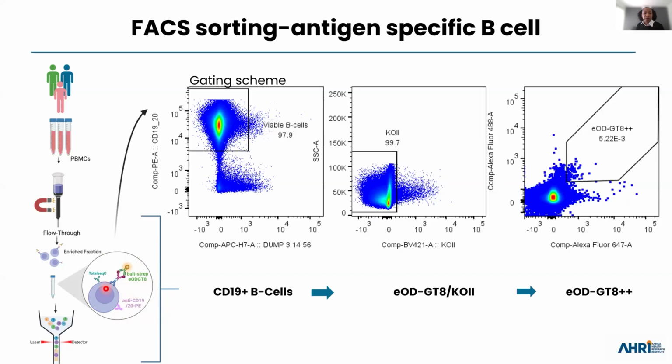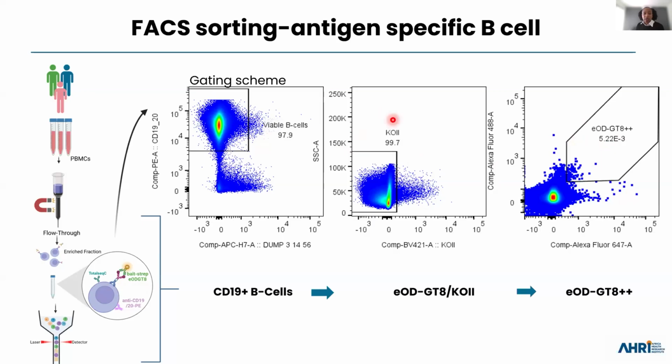Once we have stained our cells, the next step is flow cytometry so that we can isolate our B cells of interest. What I'm showing here is our gating scheme. We start off with the viable B cells, and from there we want to isolate the EODGT positive B cells, meaning B cells that bind to our vaccine candidate.